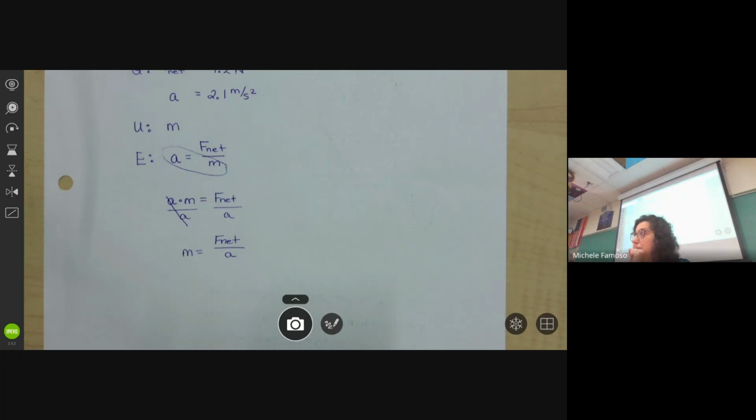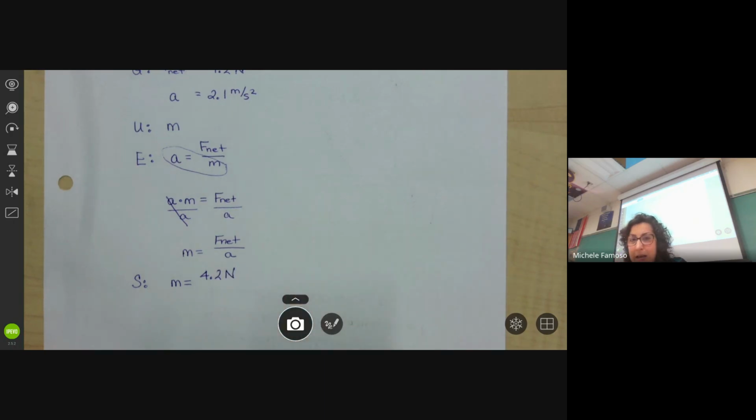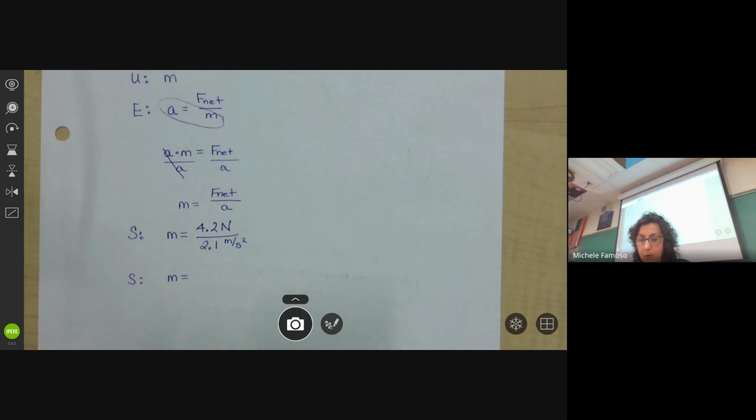Are we good so far? Now we're going to do our substitution with units. So m is 4.2 N divided by 2.1 m over s squared. All right, now you go to your calculator. Divide that out. What do you get?